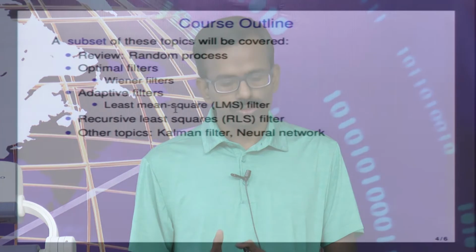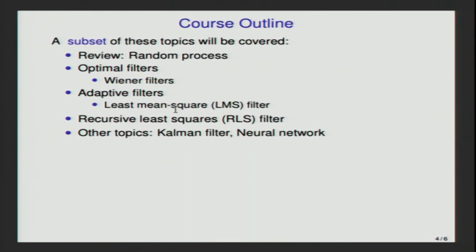Having looked at these adaptive filters and recursive least square filters, we will look at two or more specific kinds of filters which are very well known and popular in adaptive signal processing topics. Though they may not fit directly into the adaptive signal processing topic, they are very relevant and close to the topics which we are covering in the course. That includes the Kalman filter, which is optimal in some sense, but if you relax certain assumptions, it may not be the optimal filter.